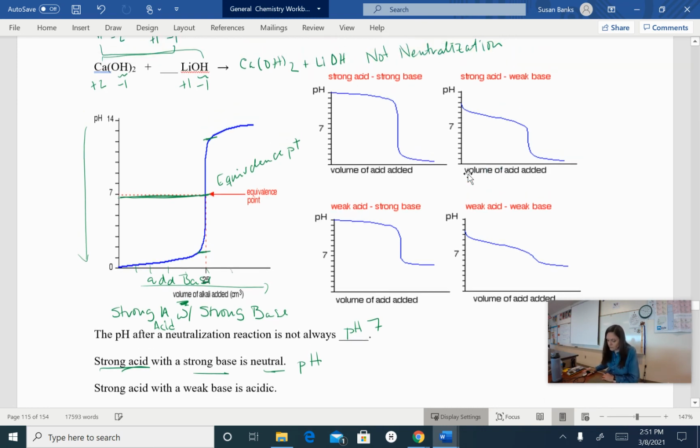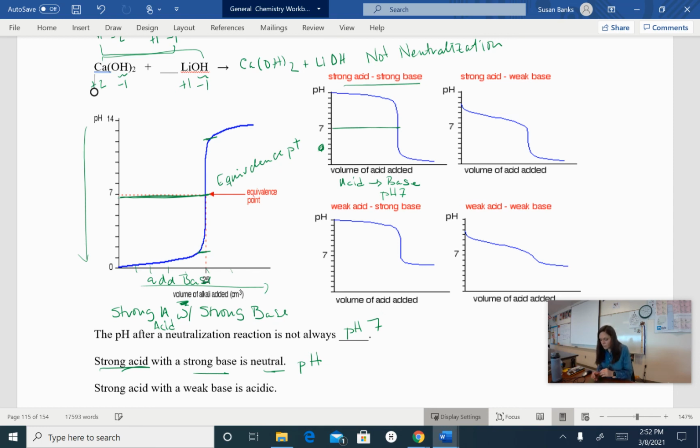This one right over here is where we are adding an acid to a base. Okay? Let's look at that middle of that really steep curve. So if we look at that middle, we are at a pH 7. So pH 7, strong acid, strong base will always give us an equivalence point at 7.